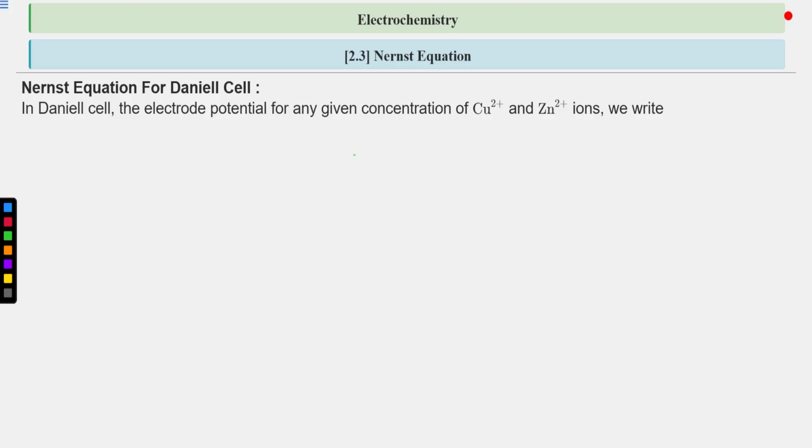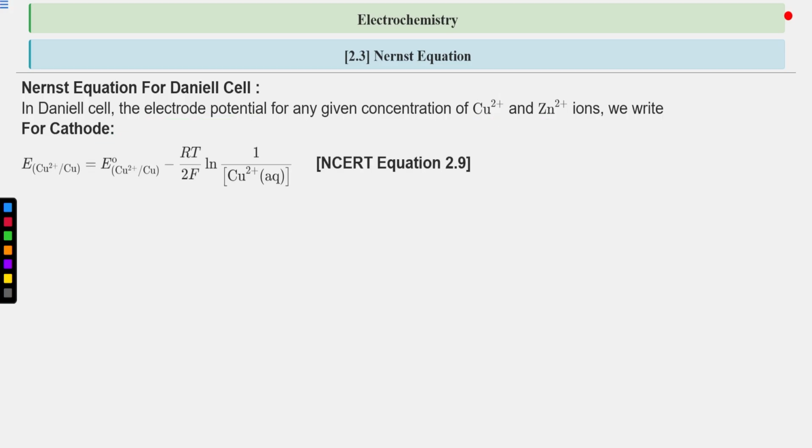Okay, in the Daniell cell, if you want to find the electrode potential for any given concentration of copper 2 positive and zinc 2 positive ions, we write, for the cathode, the reaction for copper, because at the cathode reduction is happening in the case of the copper ion.